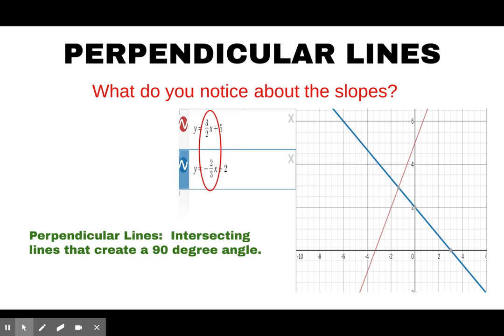So we have here two lines that are perpendicular. One has the equation y equals 3/2 x plus 5. The other has the equation y equals negative 2/3 x plus 2. So take a moment now, look at those two slopes, and what do you notice before I tell you the answer?